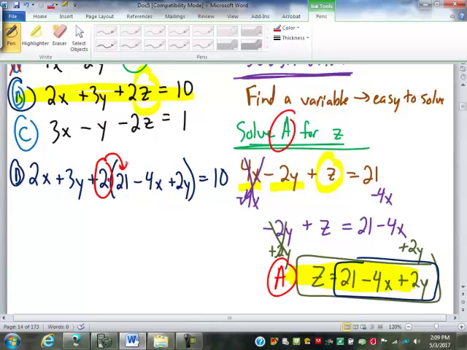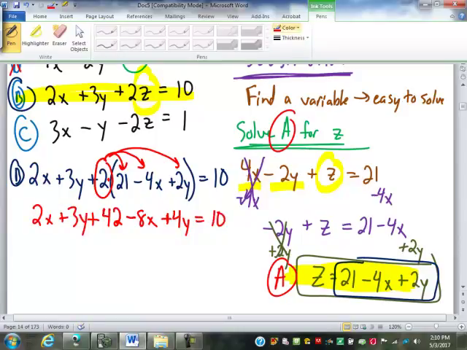So I've got 2 times 21 makes 42. And since it's a positive 42, I'm going to put a plus in front of it, because I've got other stuff I'm going to have to put up there. 2 times negative 4x, negative 8x, and 2 times 2y, positive 4y.